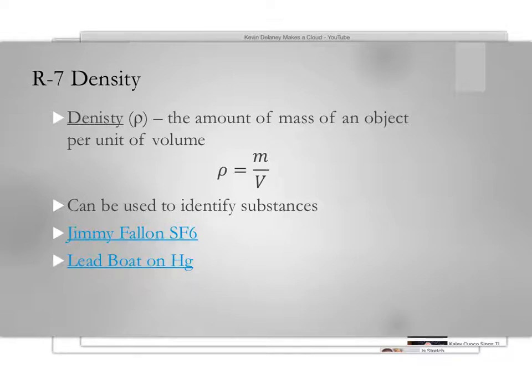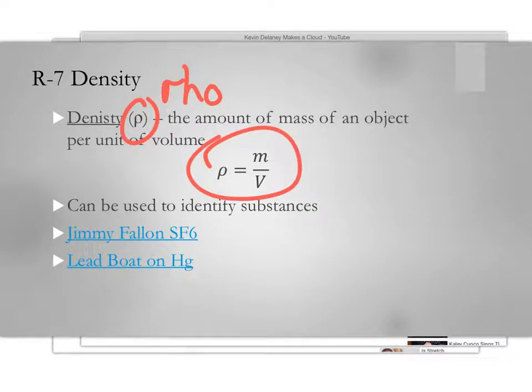All right, now we're into the section R7, which is on density. Density, which has the symbol rho, R-H-O, Greek letter, and it's a lowercase, is the amount of mass an object contains per unit of volume. So you can see its equation right here. Rho is equal to m over v.